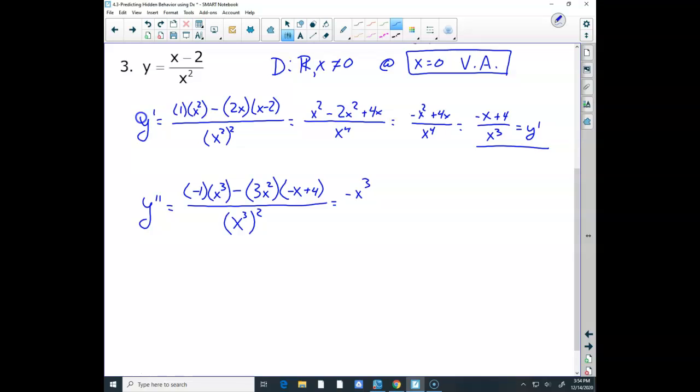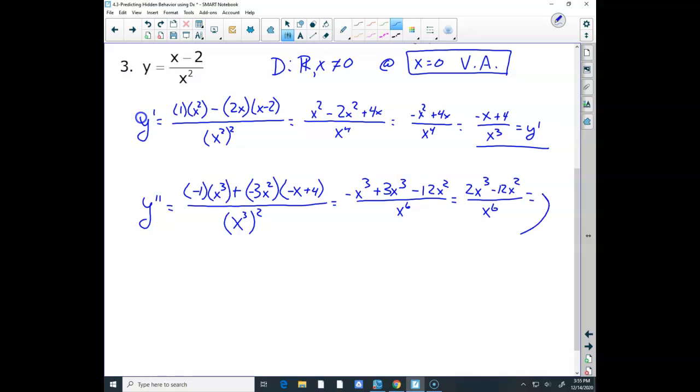And then I always take that and tag that with him, so that's really negative 3x squared times negative x. That gives me plus 3x cubed, and then that's minus 12x squared over what? x to the sixth, which gives me 2x to the third minus 12x squared over x to the sixth.